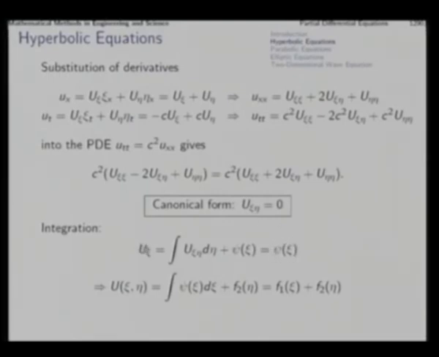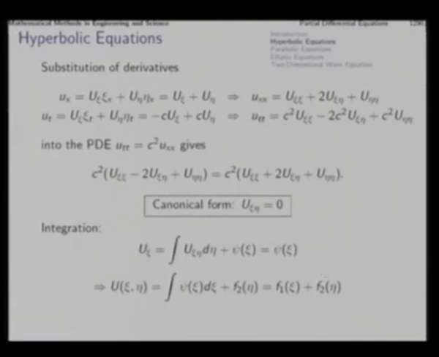Then you integrate it once more with respect to xi, and that will give you the function capital U, which is the integral of this plus another arbitrary function, this time an arbitrary function of eta. Now, call this integral f1, then you have got this as the general solution.